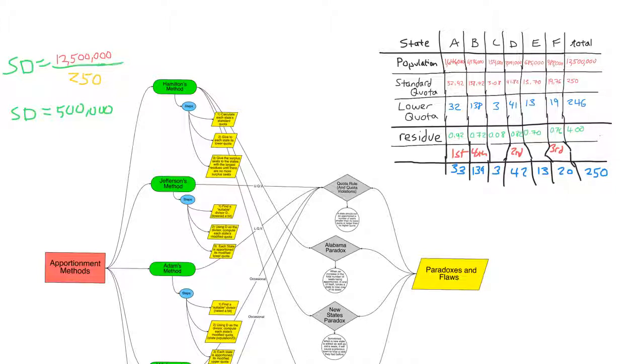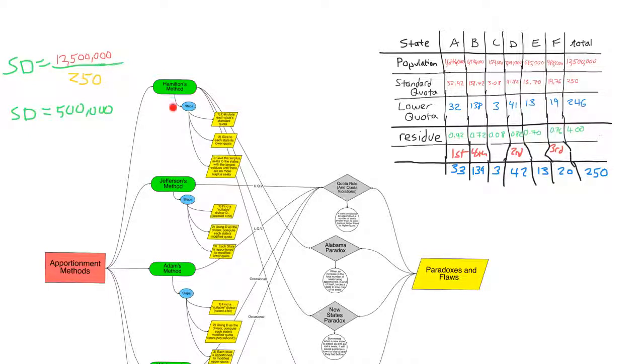For the contemporary mathematics test, you do need to have a basic understanding of the paradoxes and flaws, however, and you're also going to need to know which flaws are violated by which methods. Okay, so that's important.